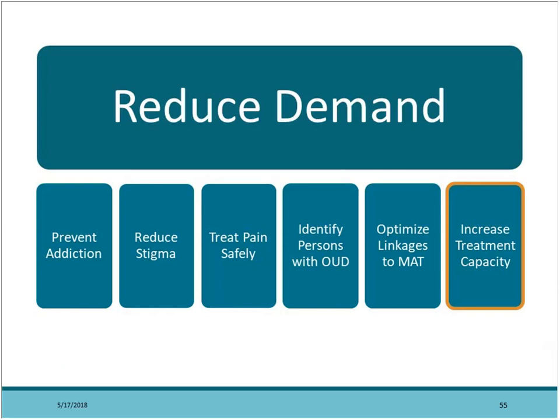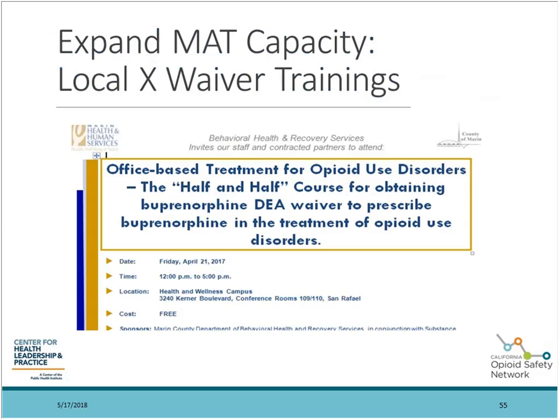And the final strategy to reduce demand that we'll be addressing on the call is increasing treatment capacity, and I know everyone's very interested in that. One of the simplest methods is simply offering training for providers locally to obtain their X waivers.